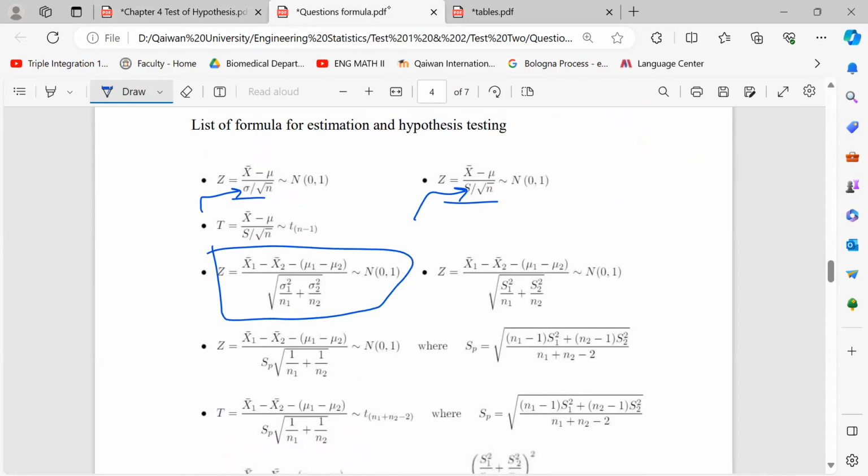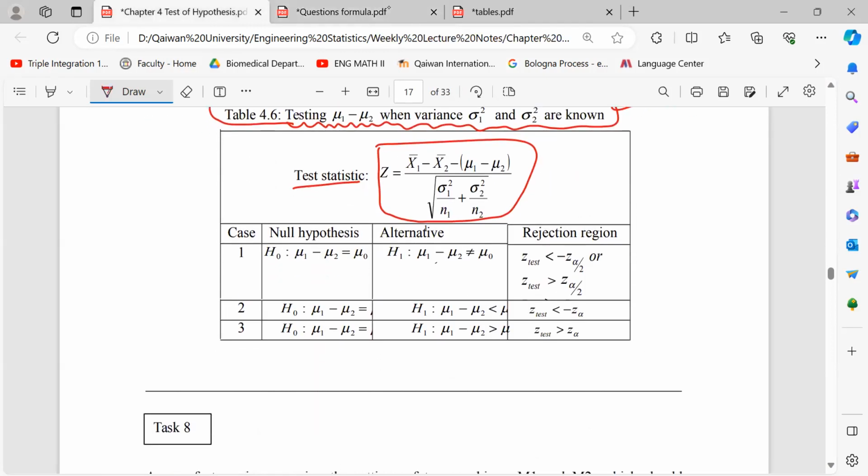This is if the variances are known. And this is for the case if the variances are unknown. Only sigma squared is changed to S squared, standard deviation squared. Look, only these two are changed. It's given in the list of formulas.